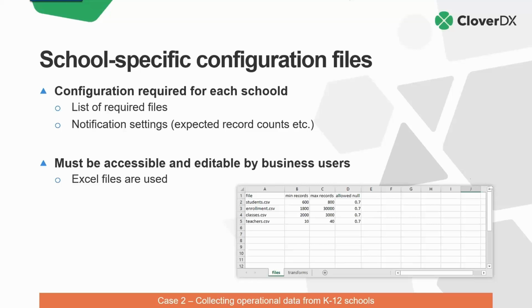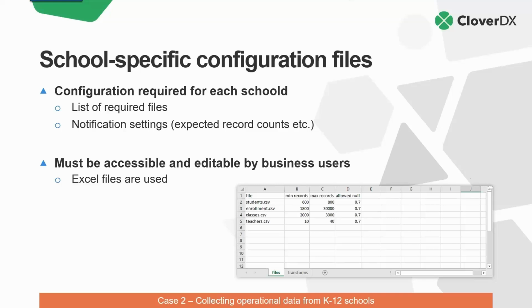First tab, as you see down here in the lower left, just describes the files that we're expecting from that school. They may be zipped or they may just be in a directory, but when the school uploads, they said, look, these are the 4 files that we intend to provide. And we've got some data quality metrics in there, right? Just to make sure that things are going carefully.